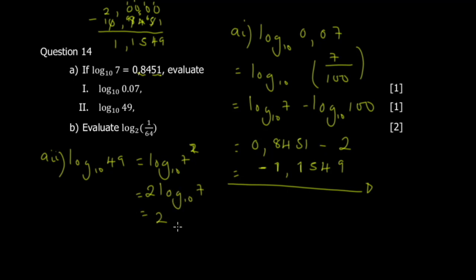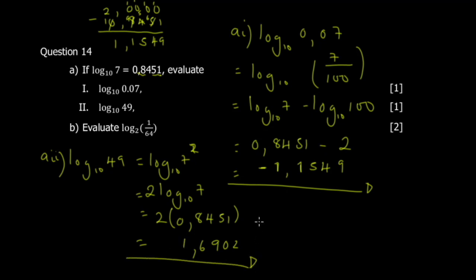This one we already know, 0.8451. So multiply this by 2, you get 902 here, and then you multiply this by 2, you get 16, which is this. And then you're done.